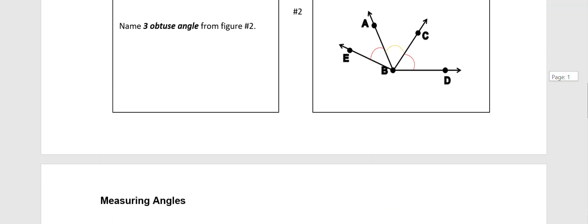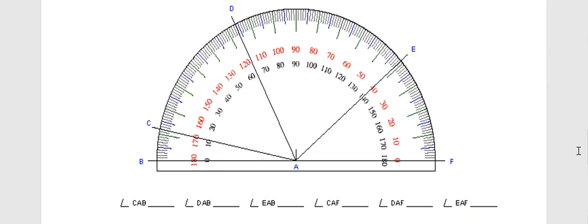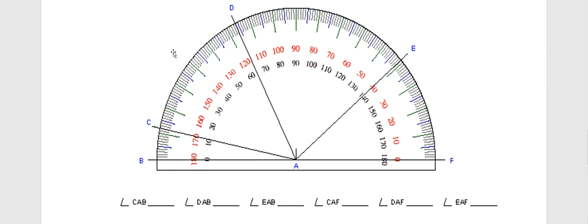Now that's helpful for us to know because in this video, we're going to be looking at named angles, and we're going to use a protractor to help us figure out what the measure of the angle is. All of these are going to be pretty straightforward because all of the angles are going to start at 0 either on the left-hand side, which means I would be counting using this inner scale from left to right, going clockwise, starting at 0 and counting the degrees from there.